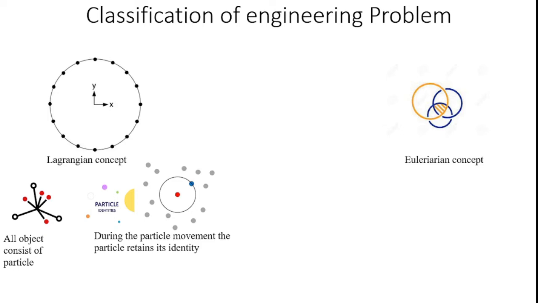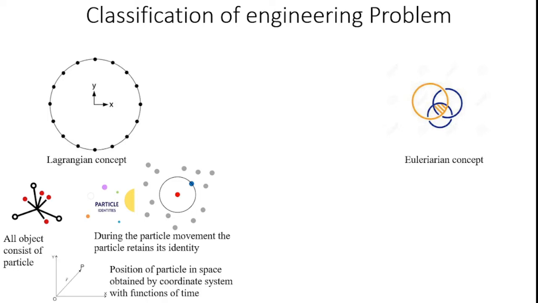The position of the particle in space we can study with a coordinate system, from which we can identify the location and position of the particle in space as a function of time. These are the concepts followed by the Lagrangian concept.